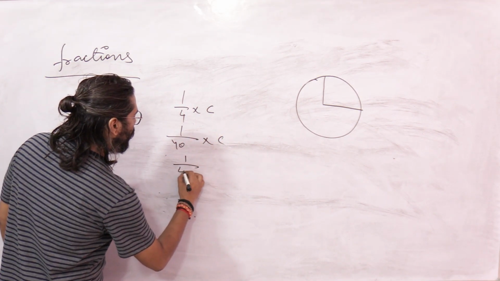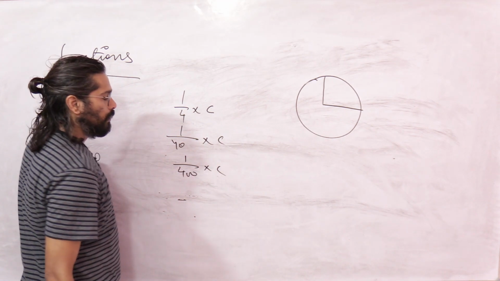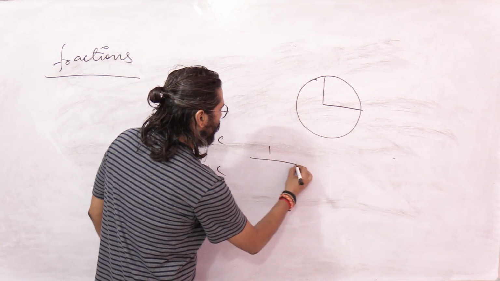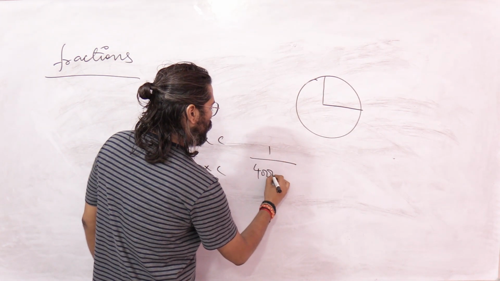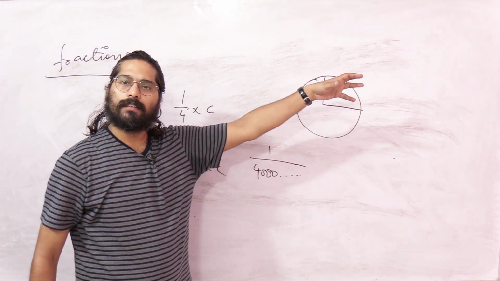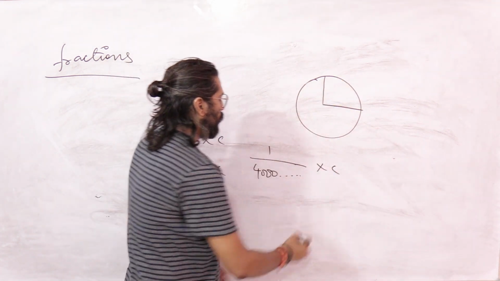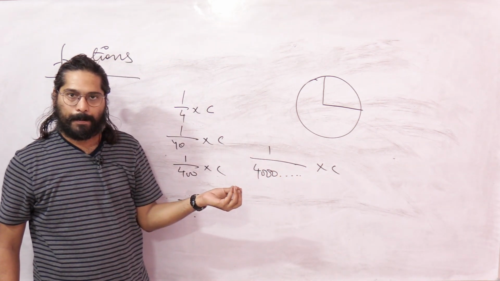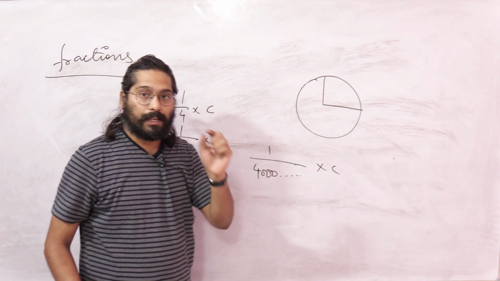Now, suppose you want 1/400 of this circle, and so on, 1 by so on of the circle. This is definitely a very small part of the circle that we wanted. But here is the catch.